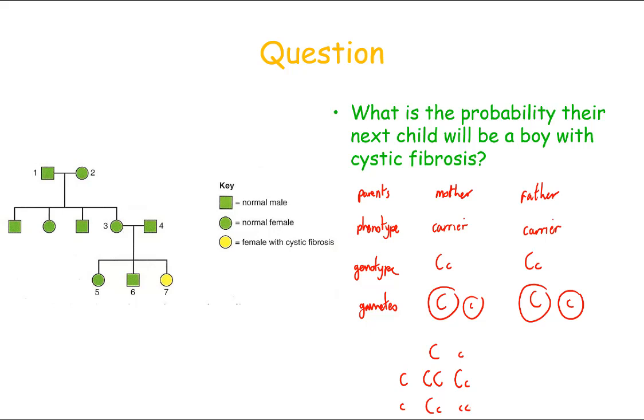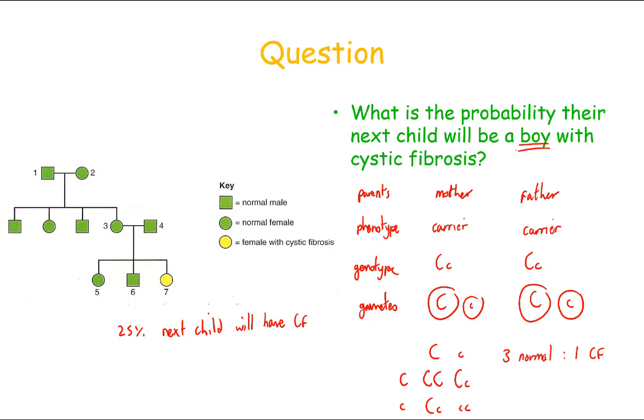Now, this means that they have the ratio of 3 normal to 1 CF, or 25% that the next child will have cystic fibrosis. But we're not done yet.